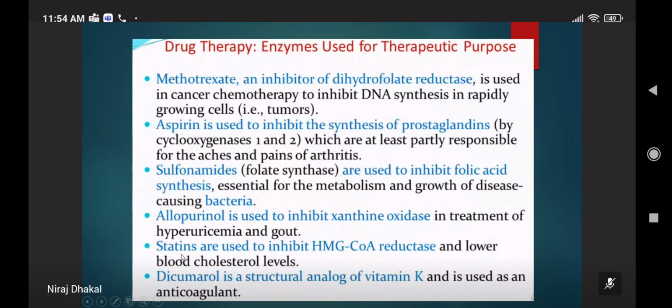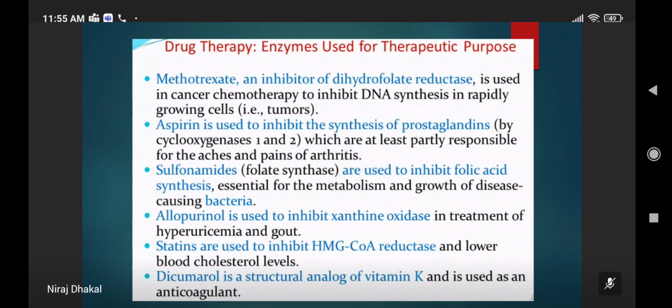Another is statins. You also saw the role of statins, how they inhibit HMG coenzyme A reductase competitively, and are used to lower the blood cholesterol level. And another is dicumarol. You have already seen about dicumarol. It is an anticoagulant agent. It prevents the activation of vitamin K. So in the absence of active vitamin K, blood clotting factors are not activated, so the usual process of blood clotting slows down.